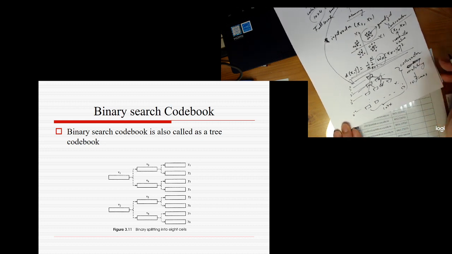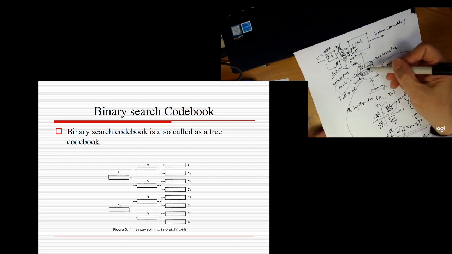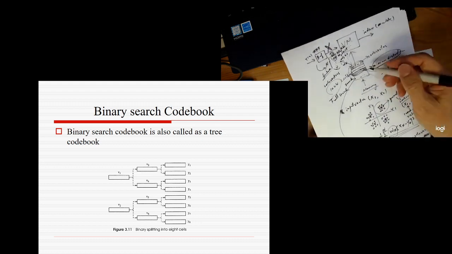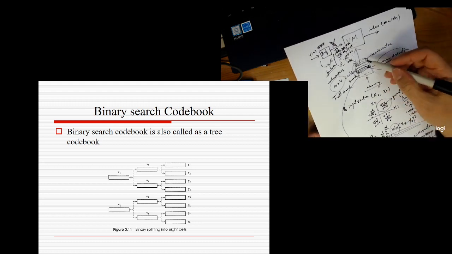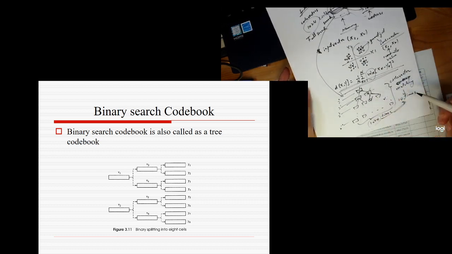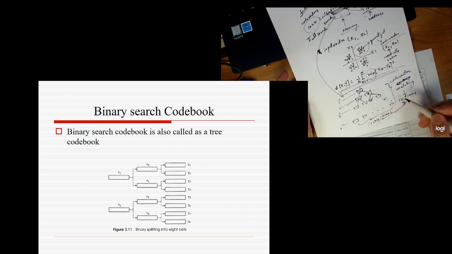So you are reducing from 1024 times of code vector matching to 10 times, because the full search does it one by one, calculating which code vector is the winner with minimal distortion. If we turn our codebook into a binary codebook, we only compare the winner 10 times.